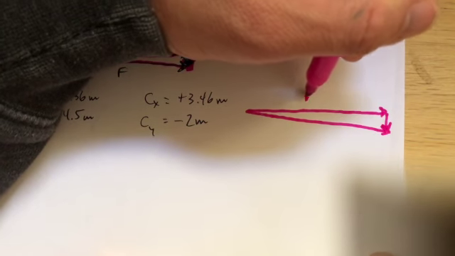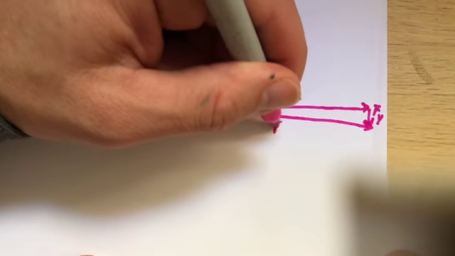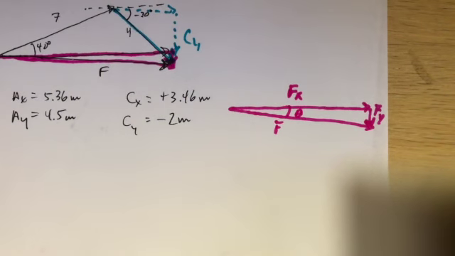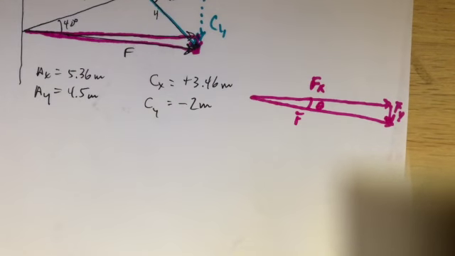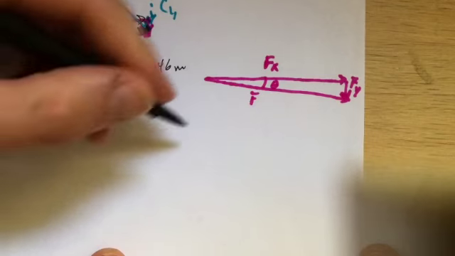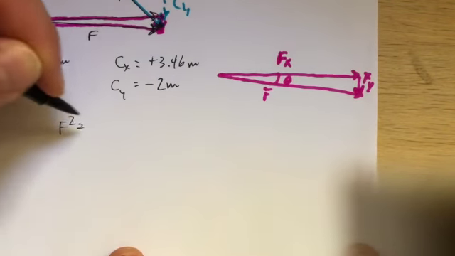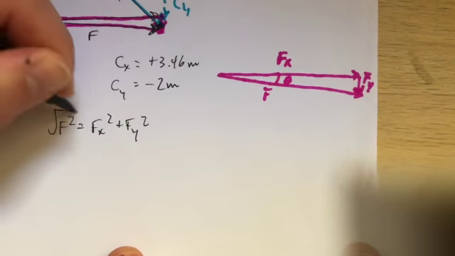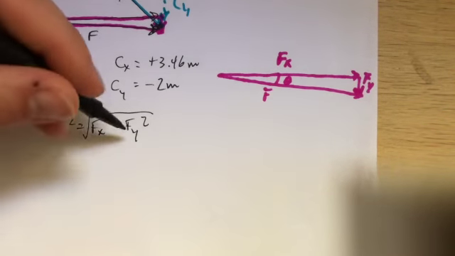Here's Fx, here's Fy, and here's F. And we don't know this angle either. This could be wrong. It could be flipped upside down again. I don't know exactly what the numbers are going to turn out to be. But let's find F using the Pythagorean Theorem. I know that F squared equals Fx squared plus Fy squared. And I take the square root of both sides. Oh, wait, there's a problem. We don't know Fx or Fy.